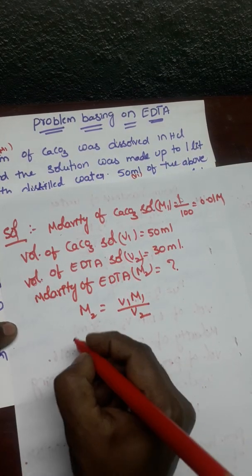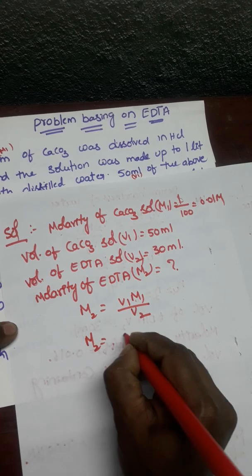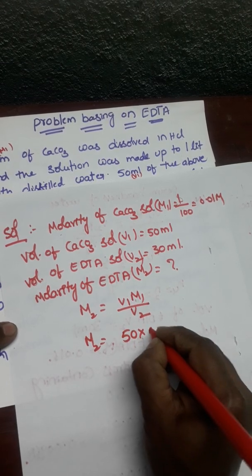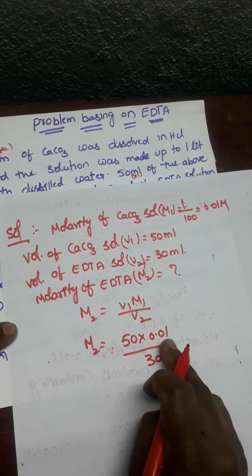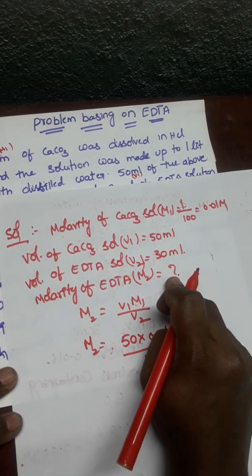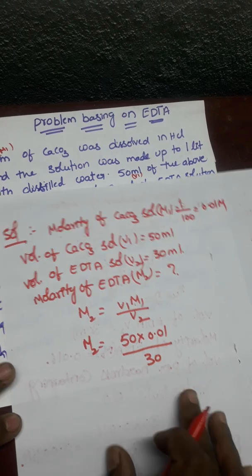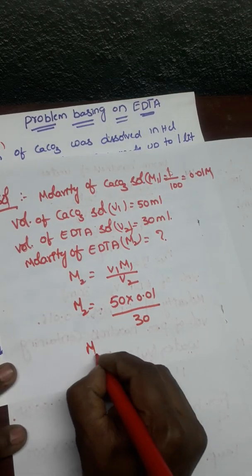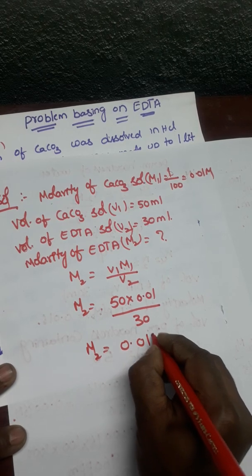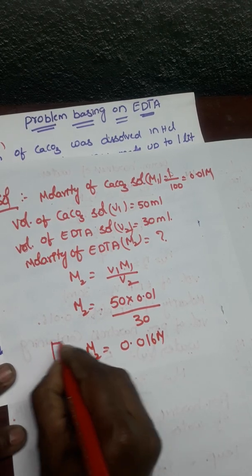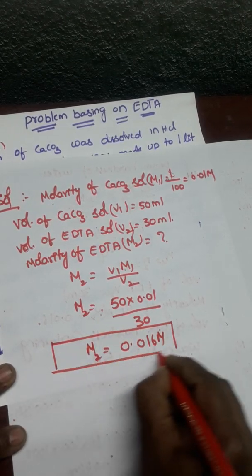Here M2 is equal to 50 into 0.01 by 30. Because all these values are substituted in this equation, we got the M2 value, that is M2 is equal to 0.016 molar. This is the M2.